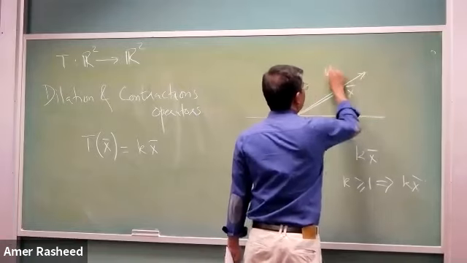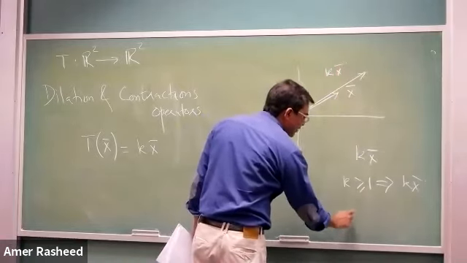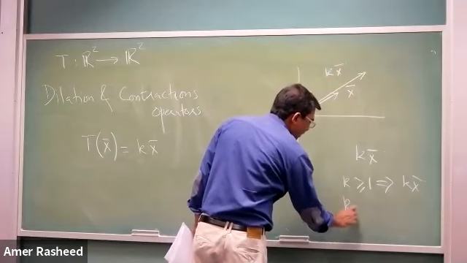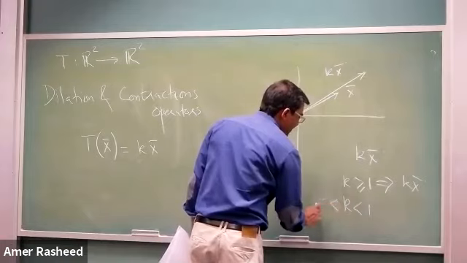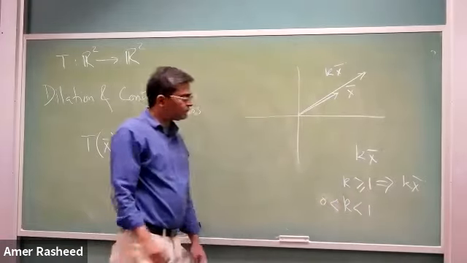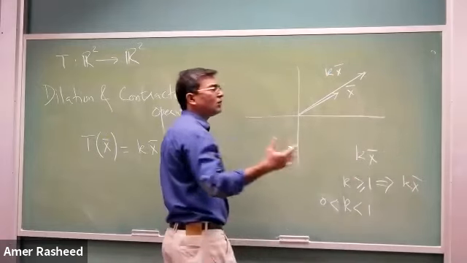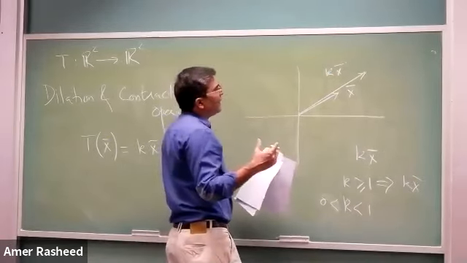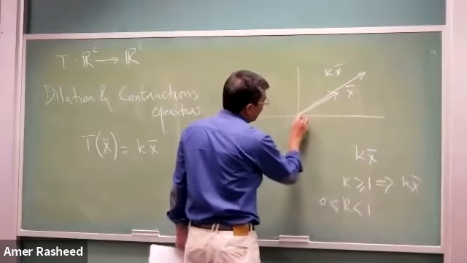Okay? This will be your k times x. If k is between 0 and 1, then this k times x will basically contract x. It will shorten that x.